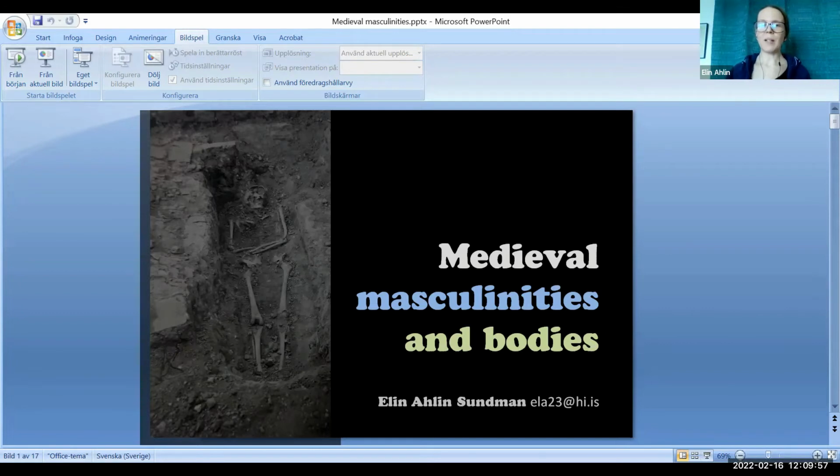Here feminine and masculine just refer to the shape of the bone. As you can see, they have different proportions. Even if you have very similar bones, the proportions are different, so you can tell them apart.